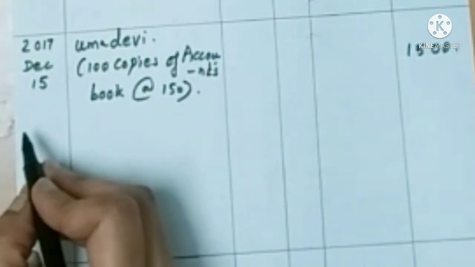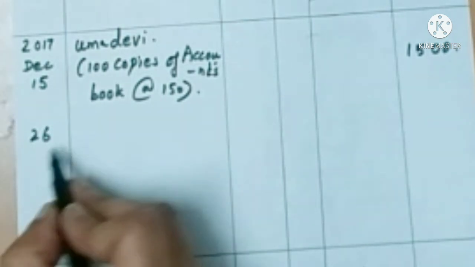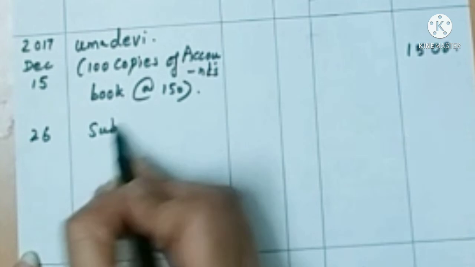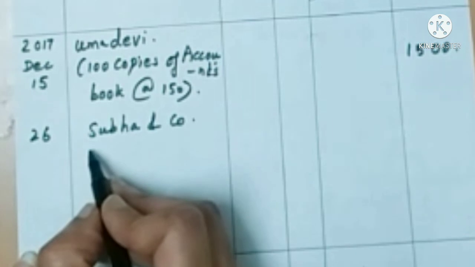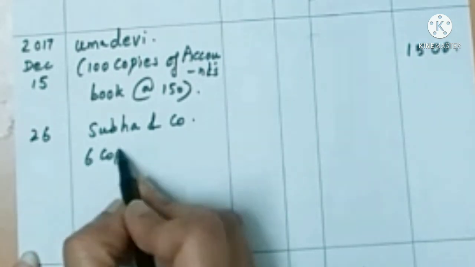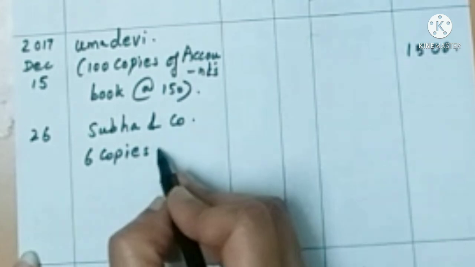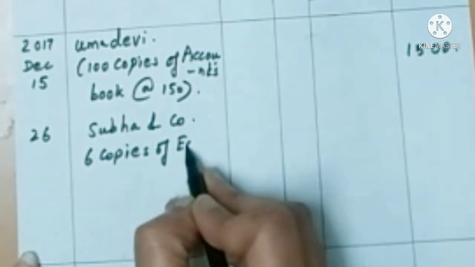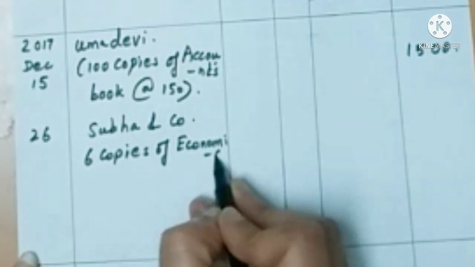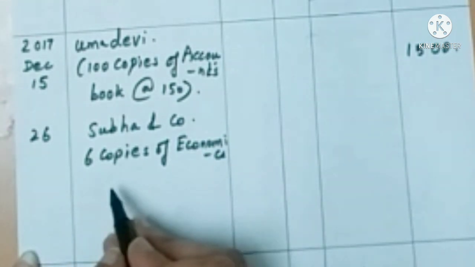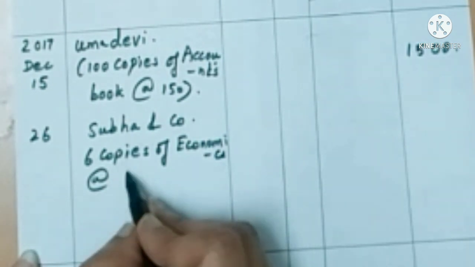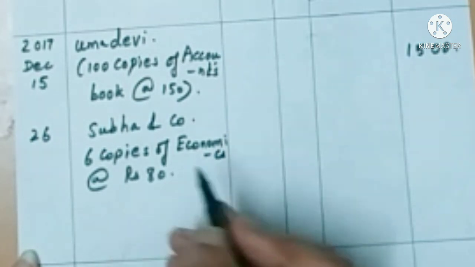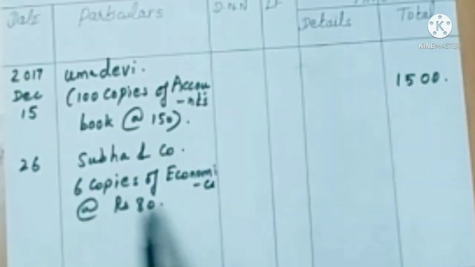On 26th December, goods are returned to Subha and Co. 6 copies of economics book at rupees 80. So 6 into 80, we get 480.